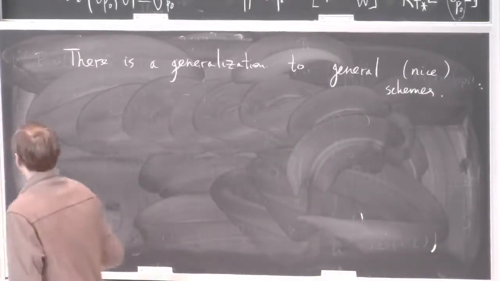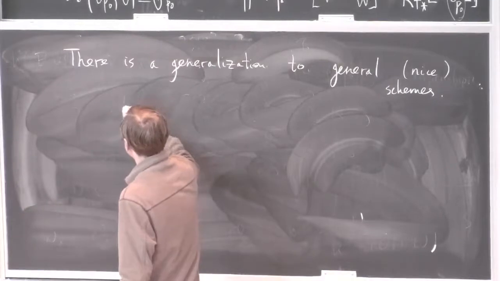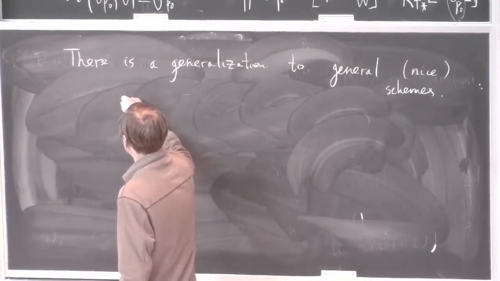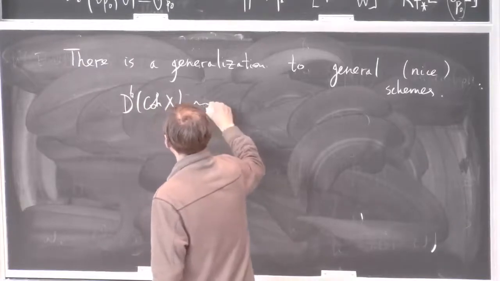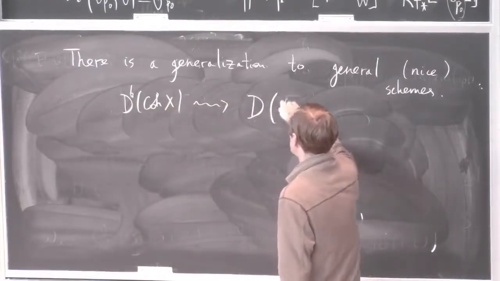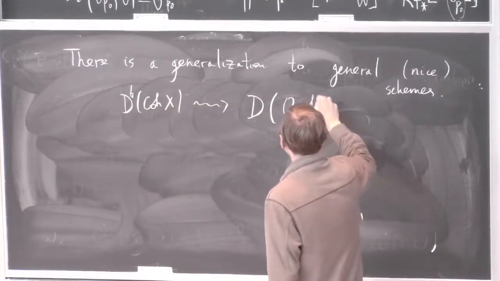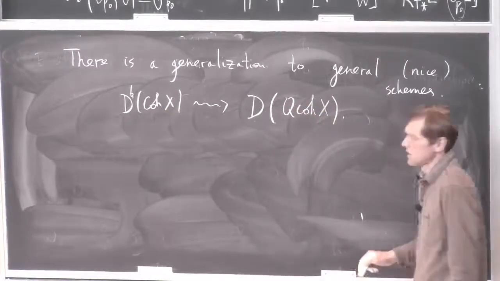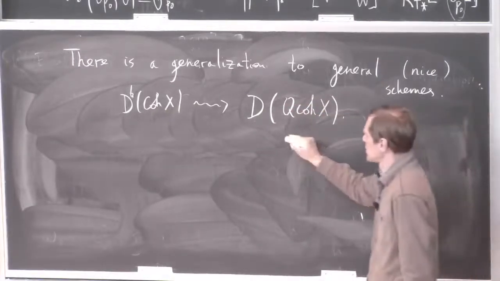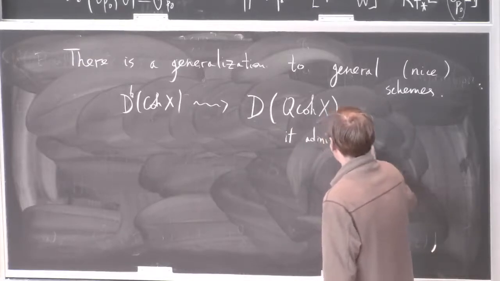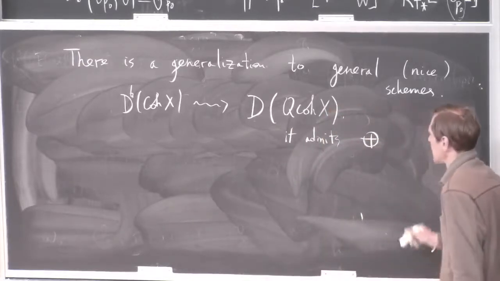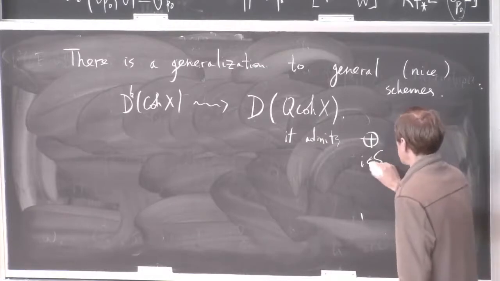So the main point in this theory is that you have to replace the bounded category of coherent sheaves by the unbounded category of quasi-coherent sheaves. It turns out that it's better to work with this because it admits arbitrary infinite direct sums, over any set.